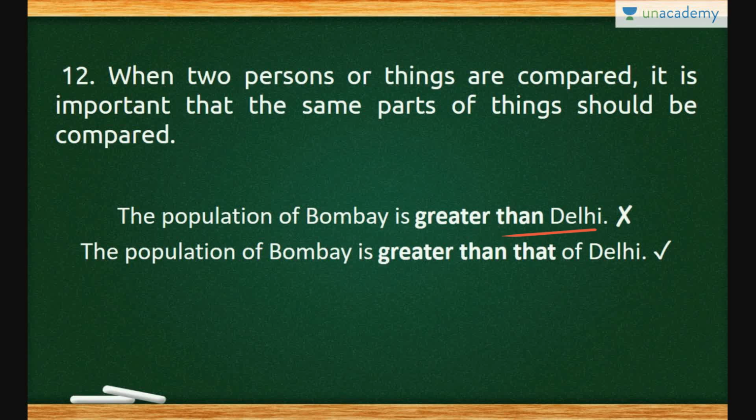Therefore, we add that of. The population of Bombay is greater than that of Delhi. Sorry, I used Mumbai instead of Bombay. So, the population of Bombay is greater than that of Delhi instead of greater than Delhi. That of means that we are comparing the population of Delhi, not Delhi itself.